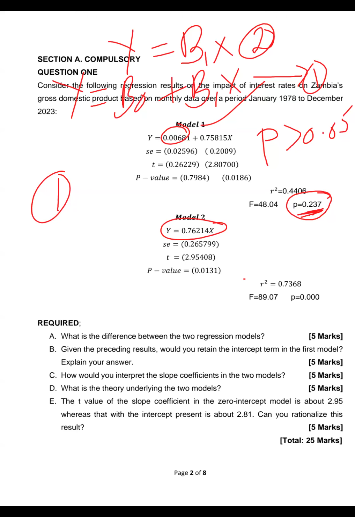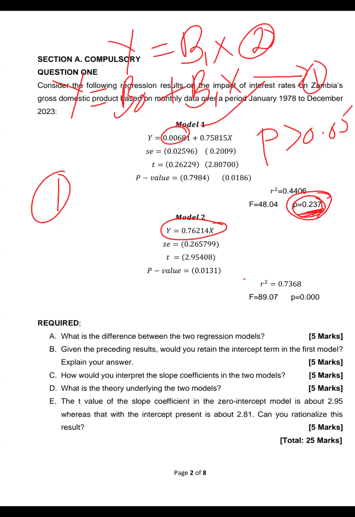Why? Because, you write this, the p-value is greater than 0.05. The null hypothesis says that the model is correctly specified when the p-value is less than 0.05. But since this number is greater than 0.05, we reject the null, which simply means that the model is not correctly specified.